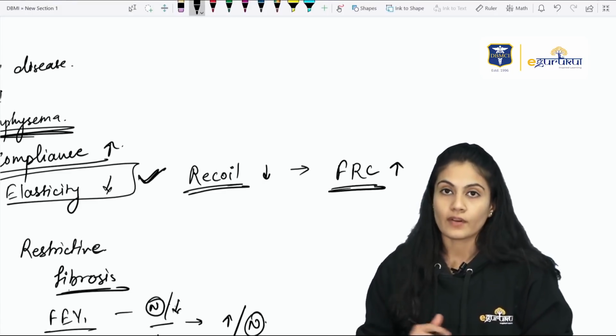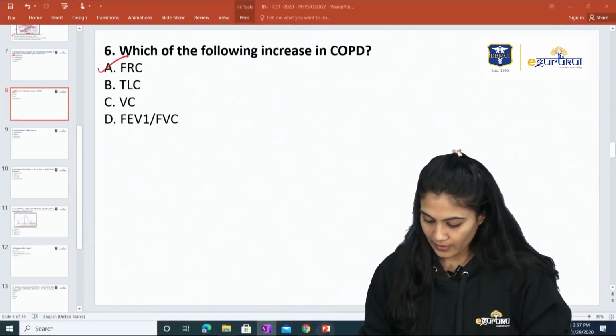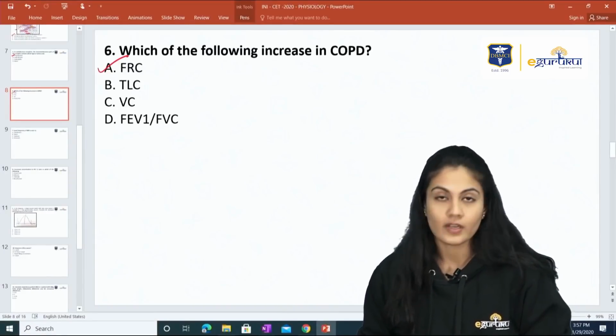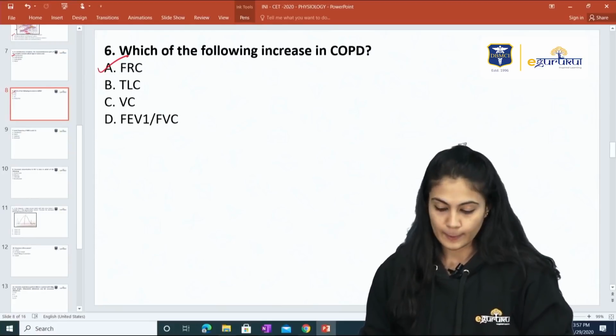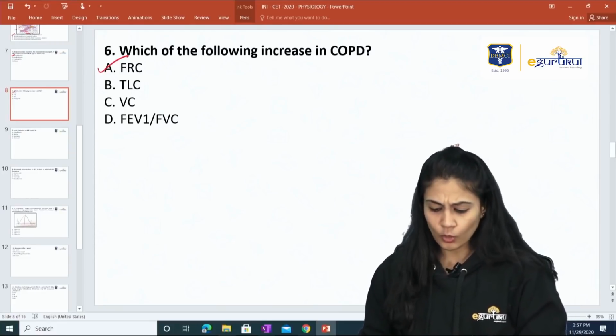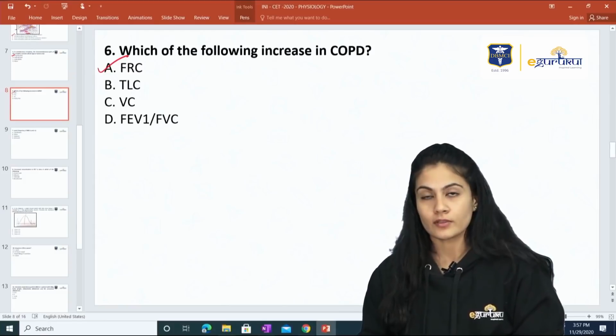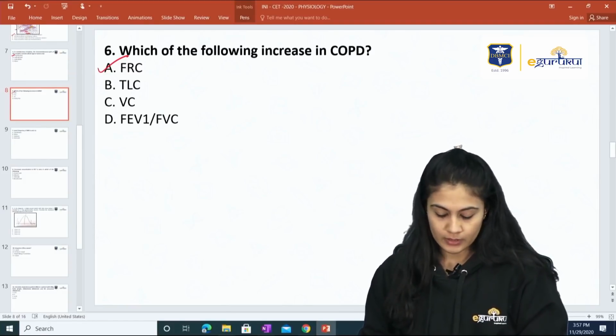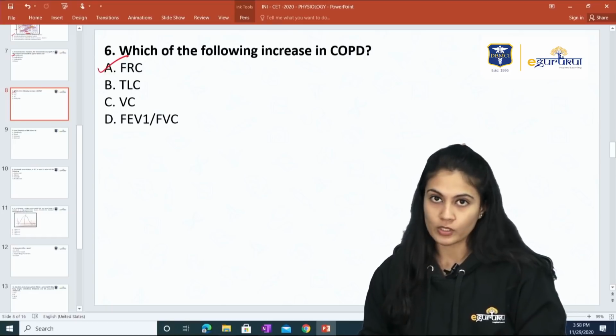That's why the answer over here is FRC, right? All other volumes do not increase; they rather decrease or stay normal depending on the severity of the patient, but they never increase in obstructive lung diseases.